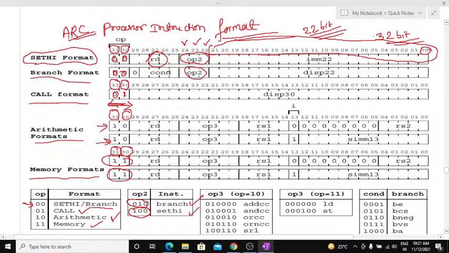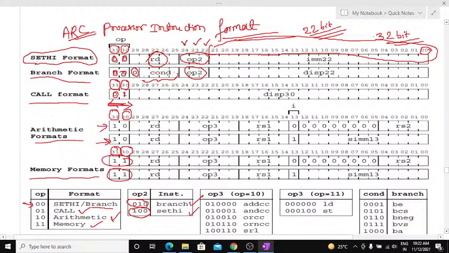Then for branch, bits 31 and 30 are 00, bit 29 is also 0, and OP2 is 010. For the condition, 4 bits are reserved, bits 25, 26, 27, 28.